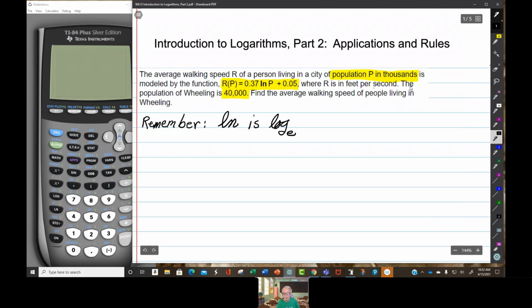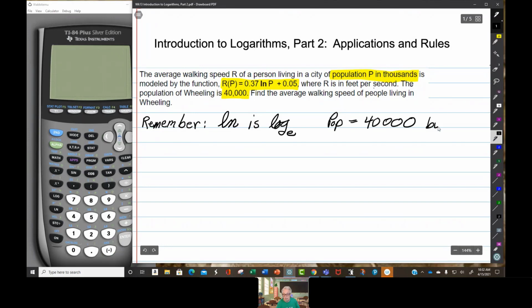Okay, so the population of Wheeling is 40,000. Find the average walking speed of people living in Wheeling. Now we have to stop before we do anything else. The population is 40,000.